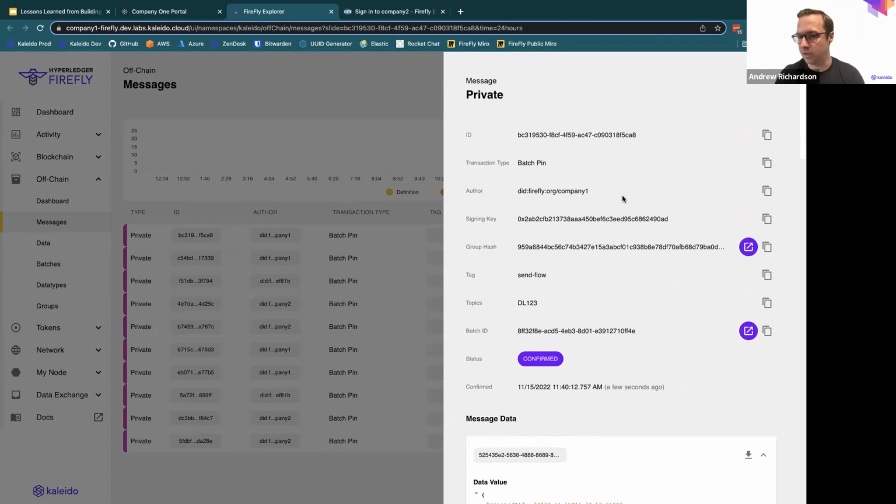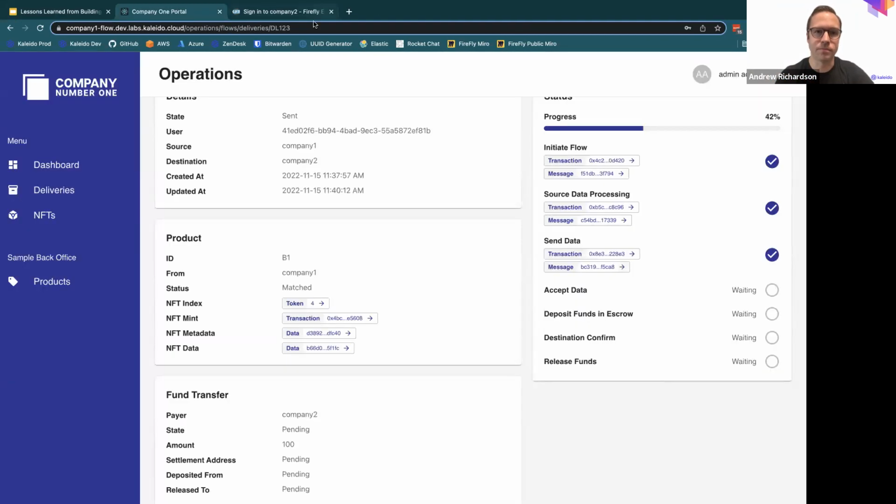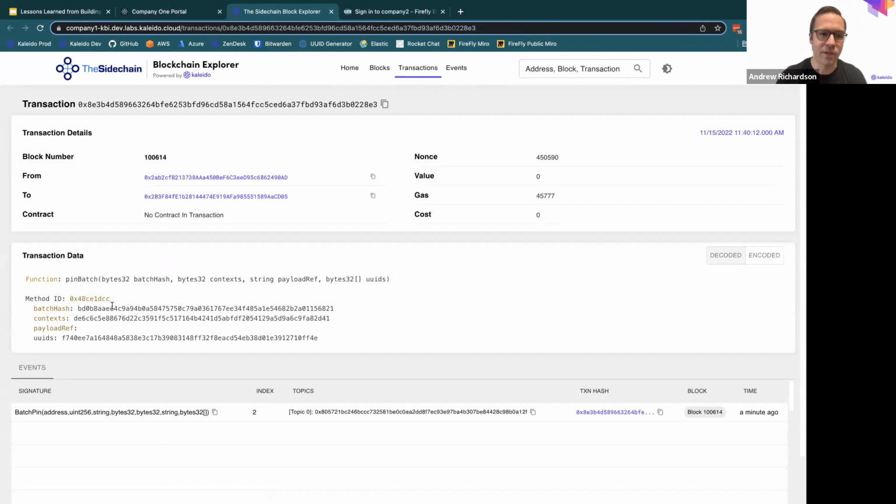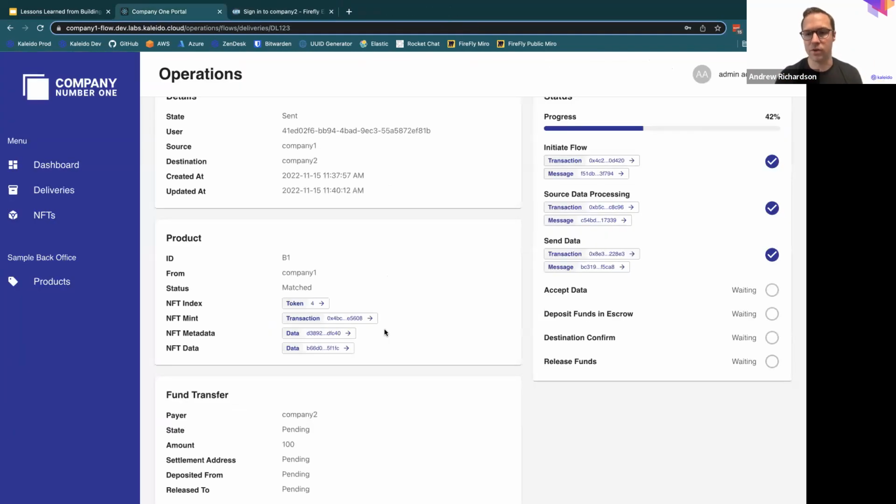They know something's happened, but they don't know who's engaged in that flow. They don't know what the data is. But me and company 2 can both look, because we have the private data, and reference it to the blockchain and know that it corresponds to this particular blockchain transaction. And I can actually look at the blockchain transaction as well and see here's the hash of that batch that was written to the blockchain. So each of these steps in the flow has an off-chain piece, an on-chain piece.